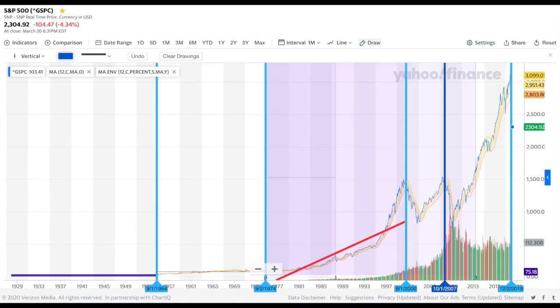Now we have the main eras of the entire stock market history, right? You have 1954, 1974, you have 2000, and then you have the 2007 peak, and then the most recent 2019 peak, right? And these are the eras of how the stock market changed, and so on.